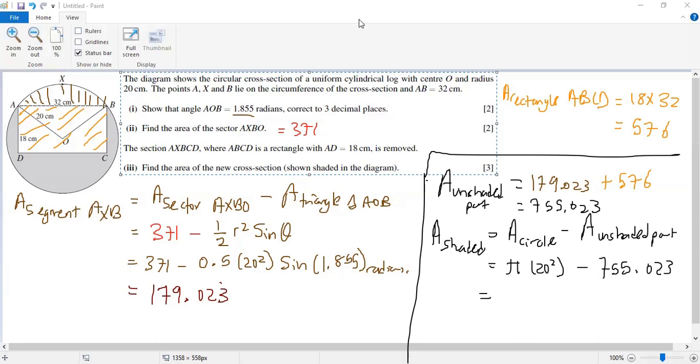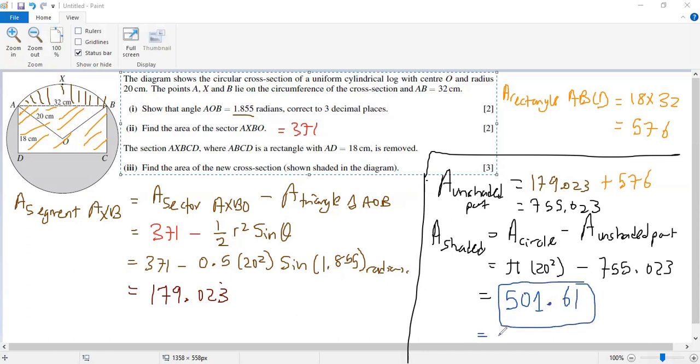When you subtract this, we should arrive at the answer. So pi times 20 square minus 755.023. Calculator work, and this should result in the answer, which is around 501.61. Okay. Done.